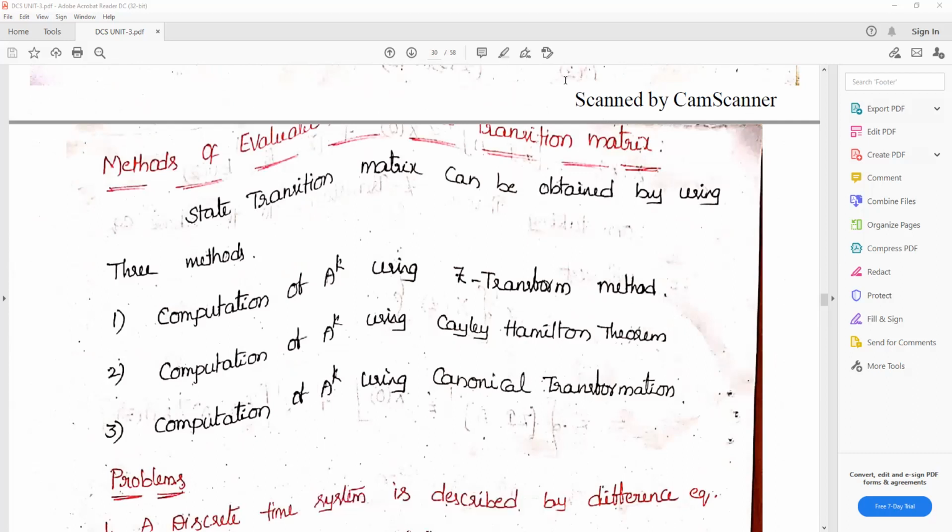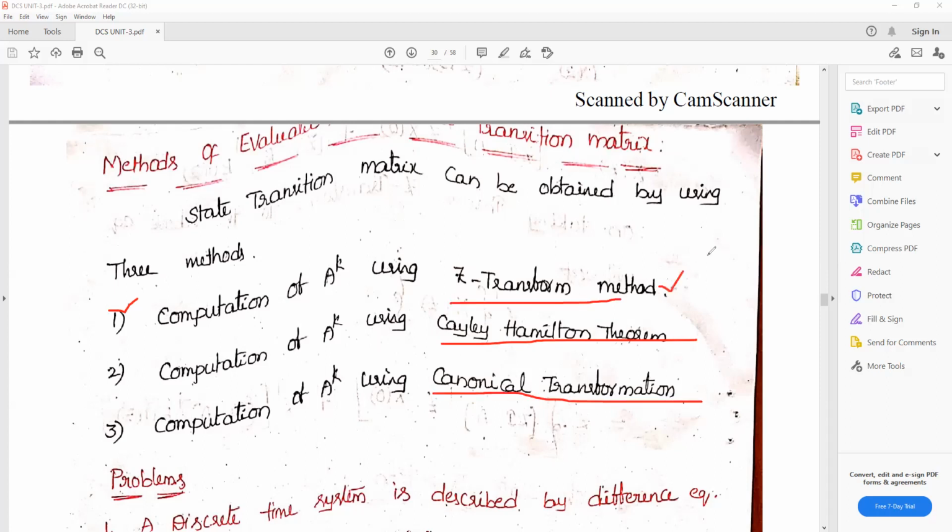So, 3 methods for evaluation of the state transition matrix. The state transition matrix can be obtained by using 3 methods. First method is computation of A power k using the Z transform method. Second one, Cayley-Hamilton method. Third one, canonical transformation.